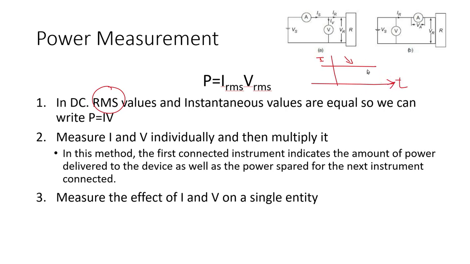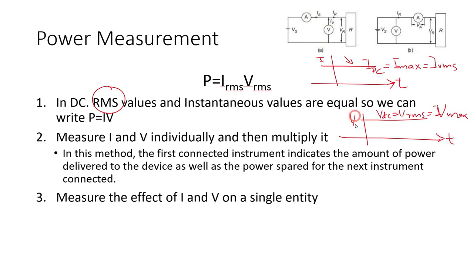So no variation means that I max would be equal to I RMS, which will be equal to I DC. Similarly, the case would be for voltage. So the voltage would remain constant, and VDC would be equal to VRMS, which would be equal to V max.